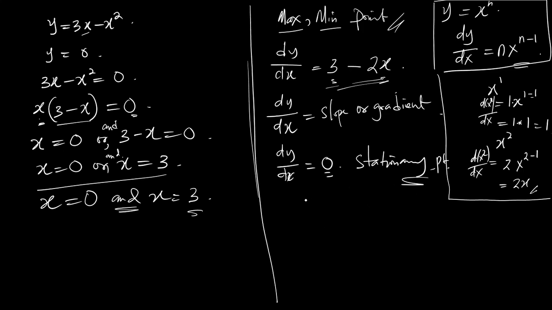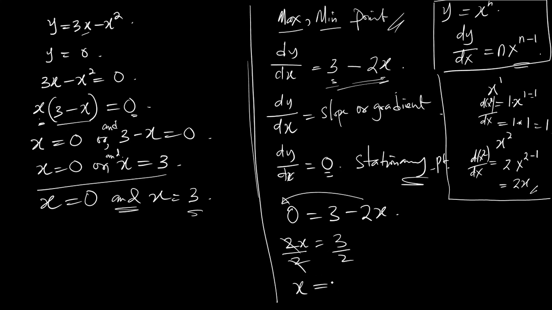Now, where dy over dx is equal to 0, we have 3 minus 2x equal to 0. To solve for this, if you move the minus 2x to the other side, you have 2x equal to 3. Dividing both sides by 2, you have x equal to 3 over 2.